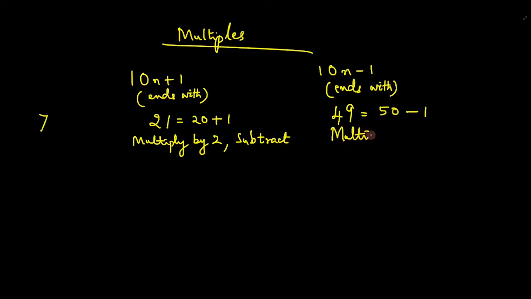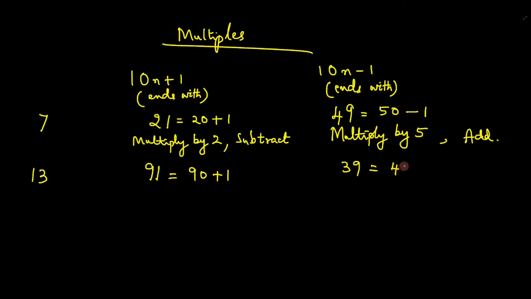Here multiply by 5, then add. For 13, we can take 13 sevens 91. This is 90 plus 1. And here we can take 39.